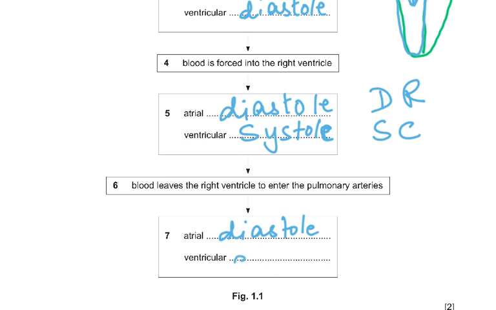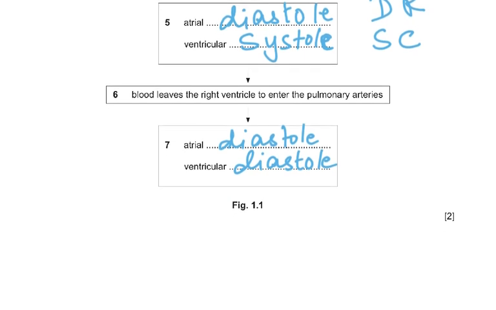Now the ventricle is going to relax. Why? Because now the blood leaves the right ventricle to enter the pulmonary arteries. So now the ventricle is going to relax, and that is ventricular diastole. So systole, diastole, diastole, systole, and then diastole, diastole. Because the atria will of course relax, the ventricles will also relax.